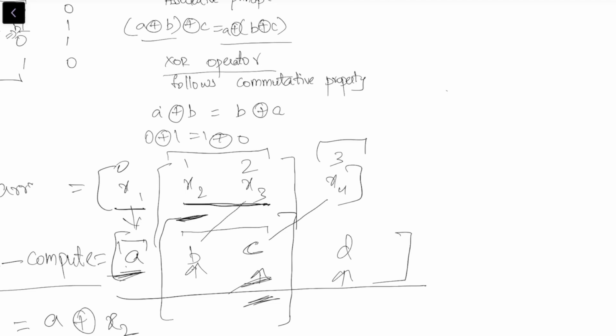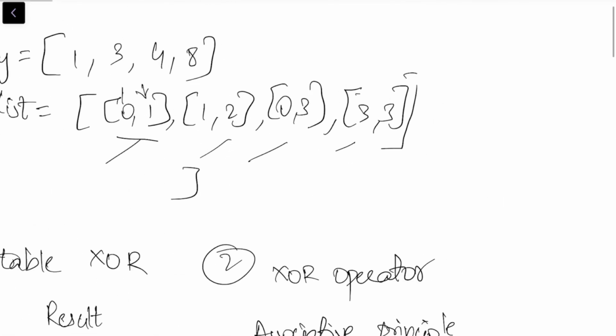That's how it works. If there is 0, you don't need to check the XOR previous value because there are no elements previously. So directly you can give the pre-computed value for R. If you see the query 0, 1, you directly give the XOR pre-computed value for index 1. For this, you directly give the pre-computed value for 3.